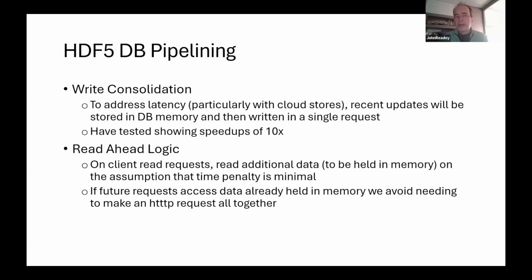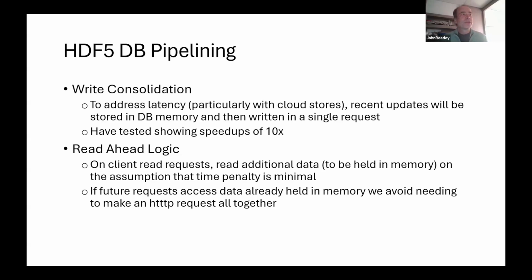Okay, so we talked about writing. For reading, I would like to do a similar thing, but here, where you are, say, doing a read on a dataset for a given selection, the trick is you'd like to read ahead and guess what the next read will be, right?